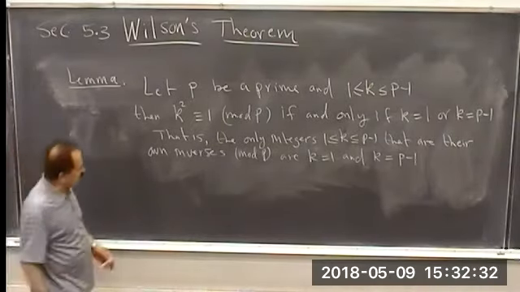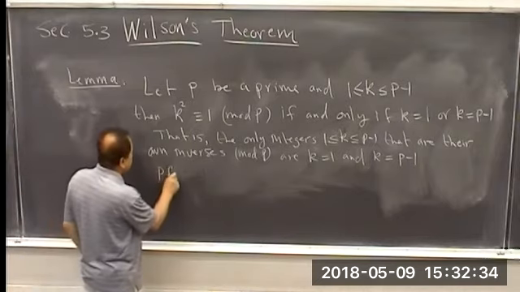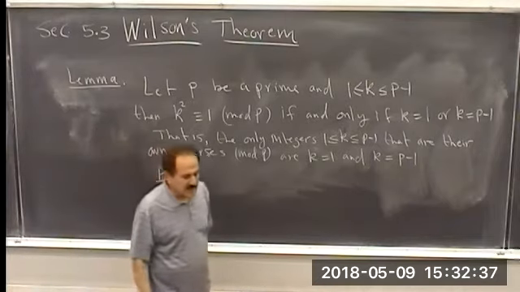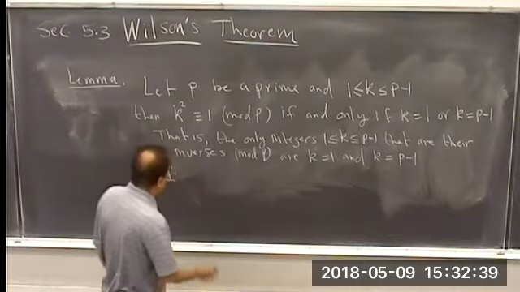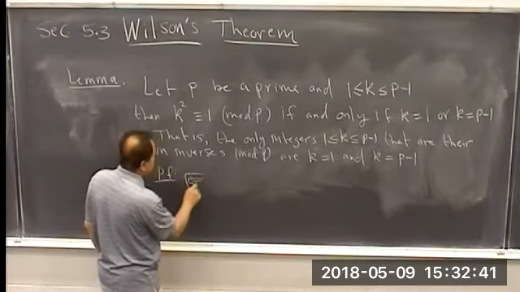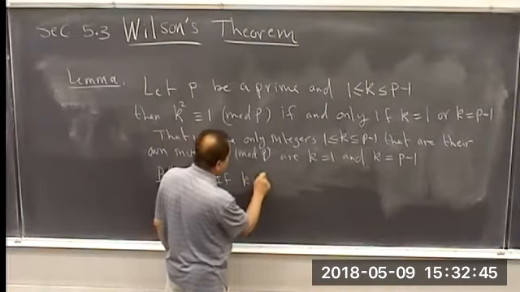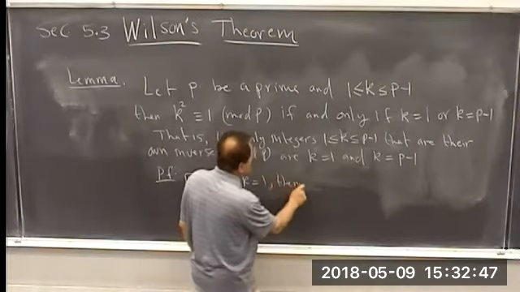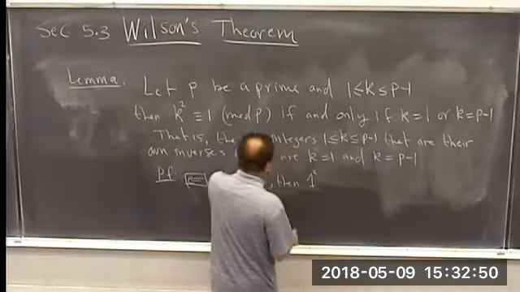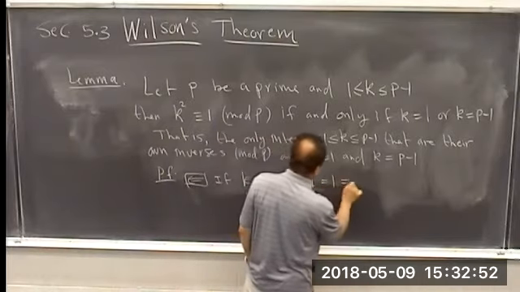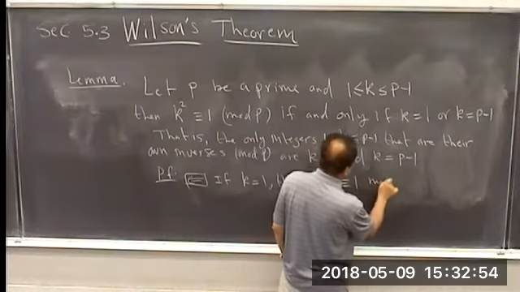This is an if and only if. So let's start with the easy direction. If k is equal to 1, then definitely 1 squared is equal to 1, and this is congruent to 1 mod p.